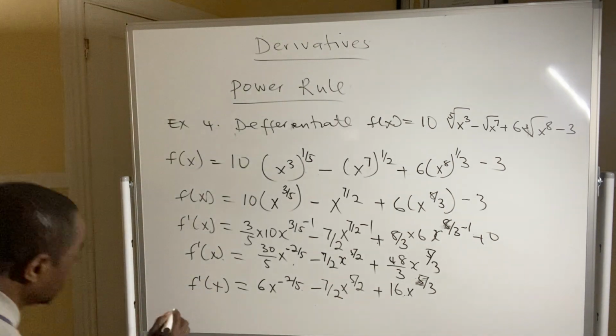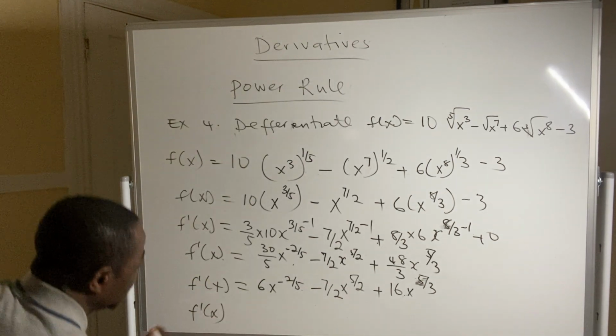So you can further write it this way: f prime of x.